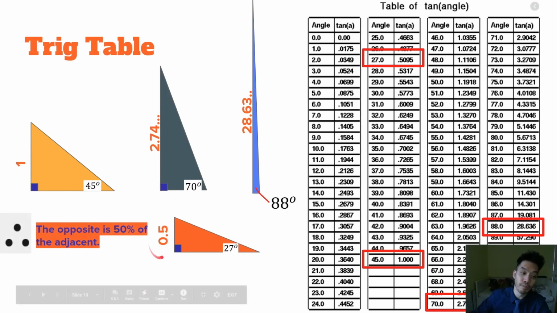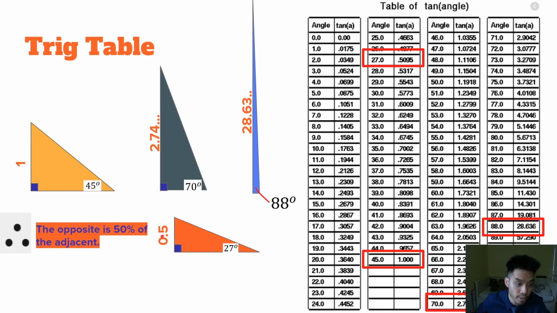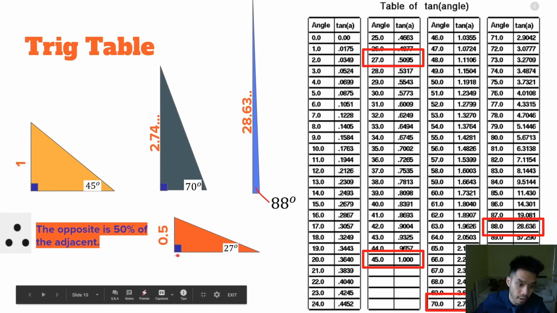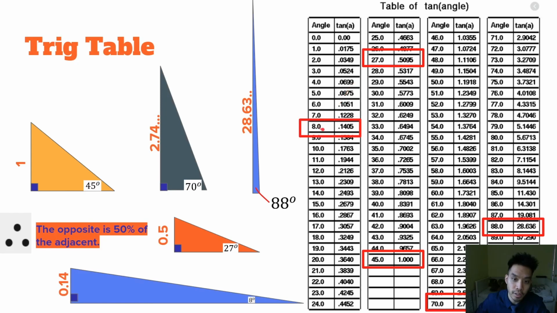And if you want to change it to percentages, it might make more sense to you. Change this decimal to a percentage, it's 50%. The opposite is 50% of the adjacent. And your calculators basically memorize that. And if we type in an even smaller angle, let's choose 8 degrees. If we type in tan of 8 degrees, it's going to pop out 0.14. And what does that mean?